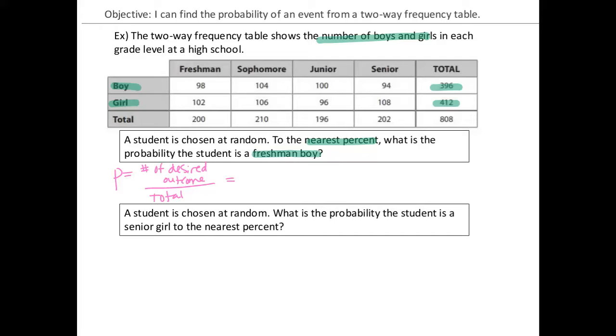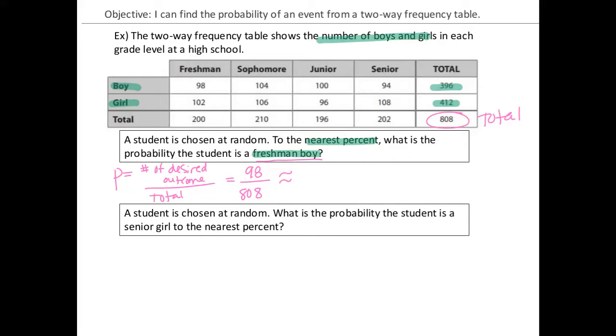What specifically are they asking for? The freshman boys. How many total freshman boys do we have? 98 over, what's my total amount of students? 808. Good. This is the total. So we would divide 98 divided by 808, and you're going to get a decimal answer.